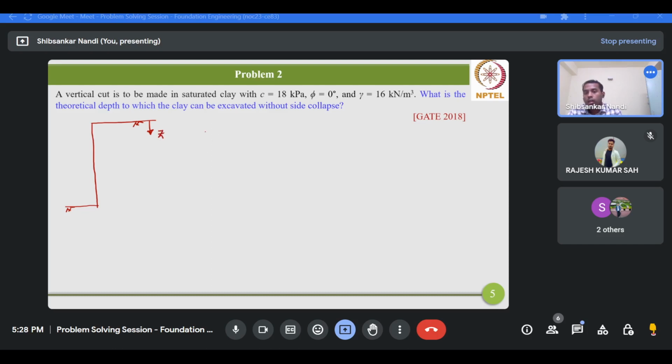Now the expression between the major and minor principal stresses you can derive from the Mohr-Coulomb failure envelope: sigma 1 equals sigma 3 tan square of (45 degree plus phi by 2) plus 2c tan (45 degree plus phi by 2).